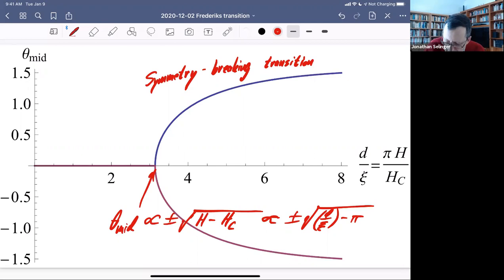So this is a lot like the other things that we've seen in this semester for symmetry breaking transitions, like the Ising model, right? That this square root behavior is very common. Or it's like the homework problem that I assigned you with the arch, right? Remember, with the arch, there's a mass at the top of the arch, and at some critical temperature, the mass will fall down, and it falls down to one side, or it falls down to the other side.